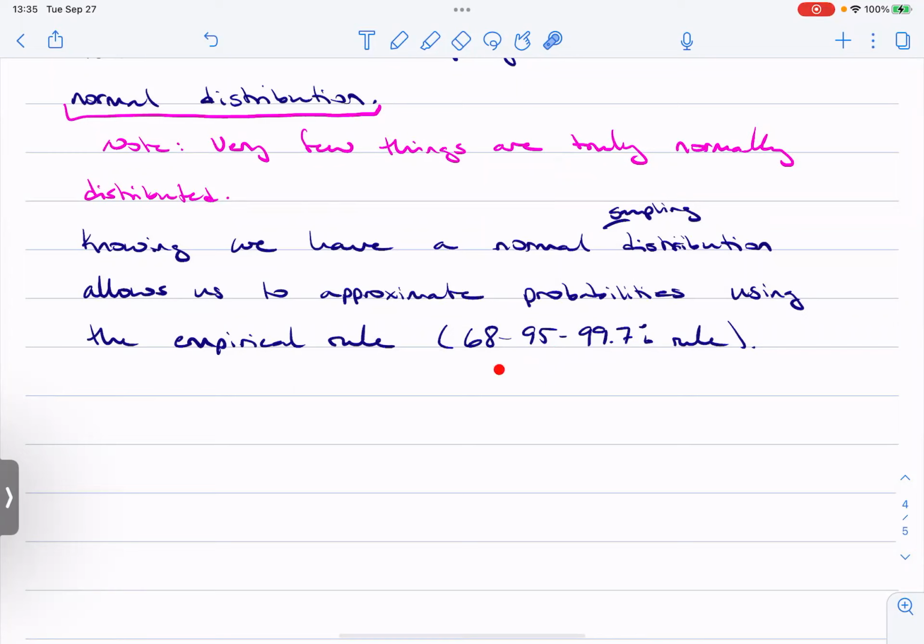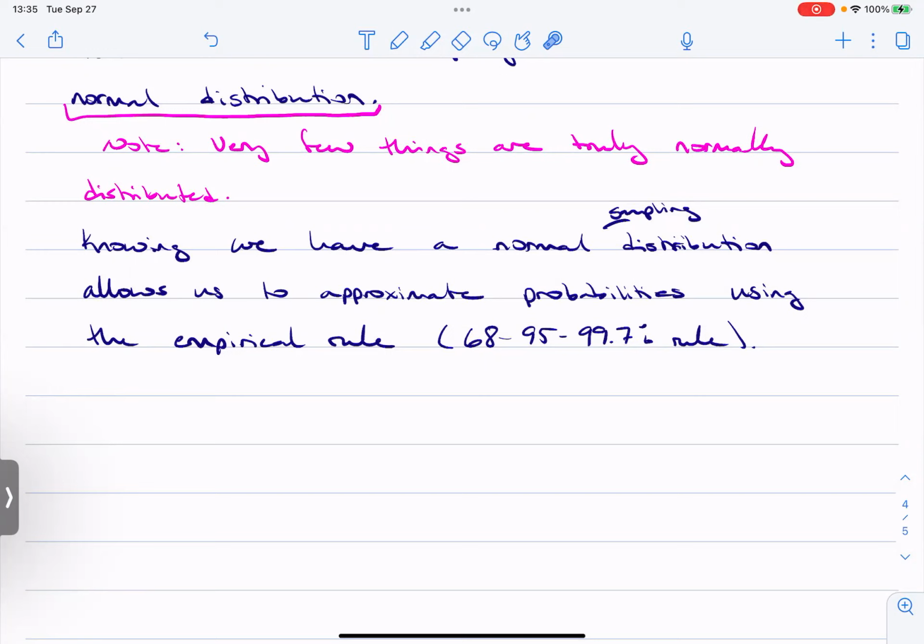He said, no, just don't use those tables anymore. How about you try teaching it just using the 68, 95, 99.7 rule? And you can. You don't need to know that it's 67.99, it's just less than 68. That's good enough.